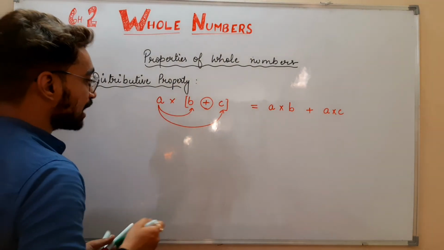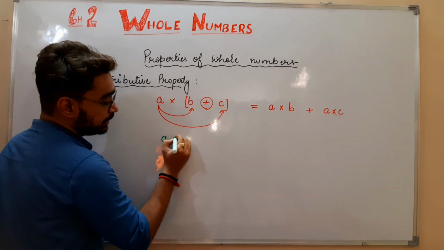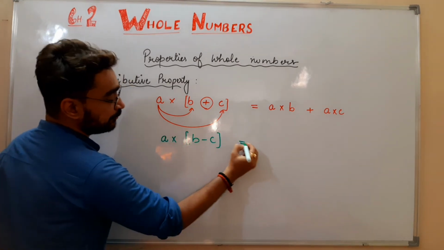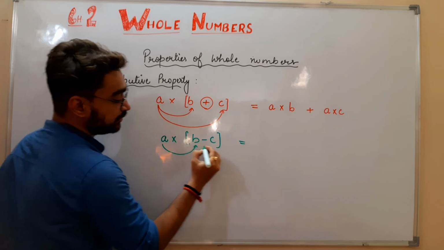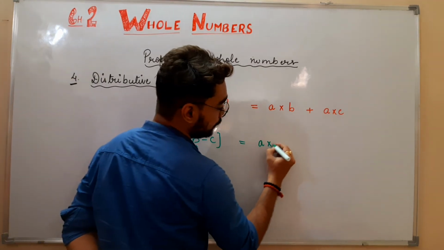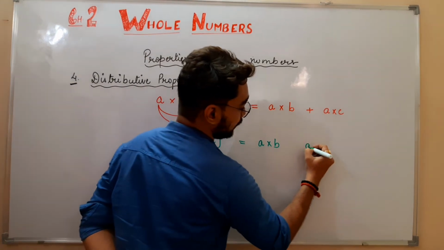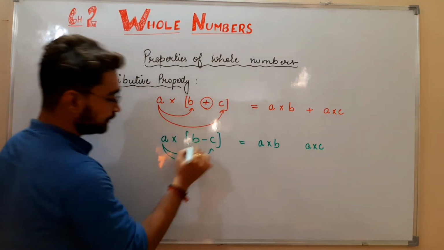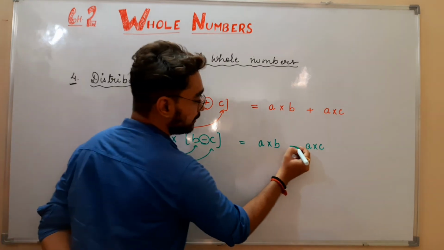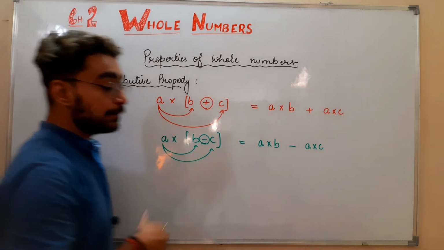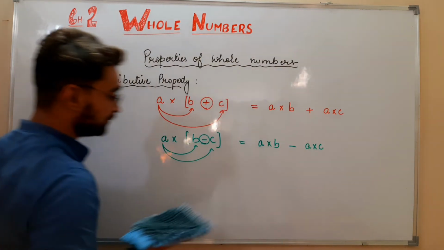If it is minus, like A into B minus C, then first of all multiplication will get distributed, A into B, then A into C. If it is minus here, it will be minus. So this is the distribution of multiplication over addition or subtraction.